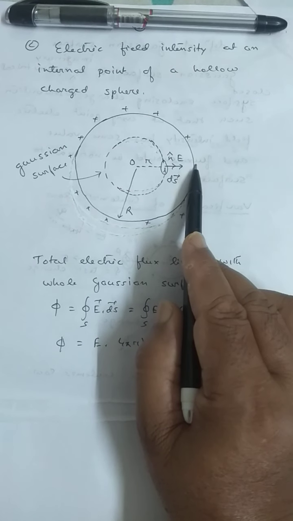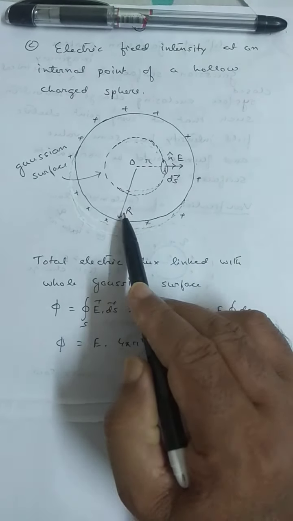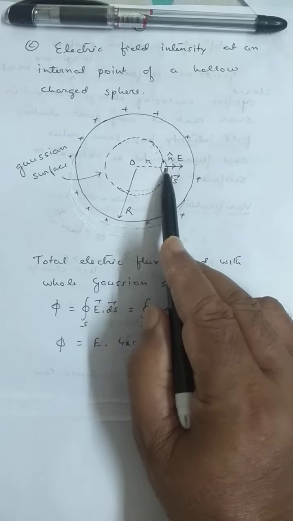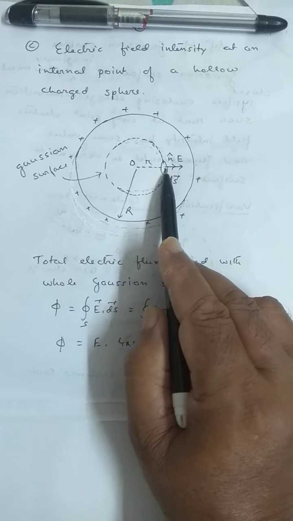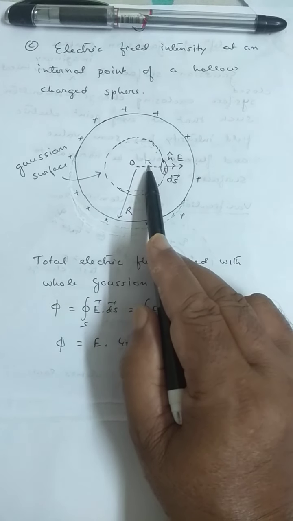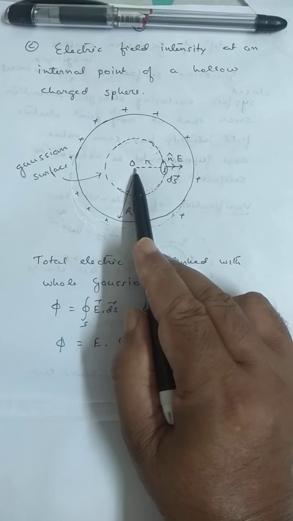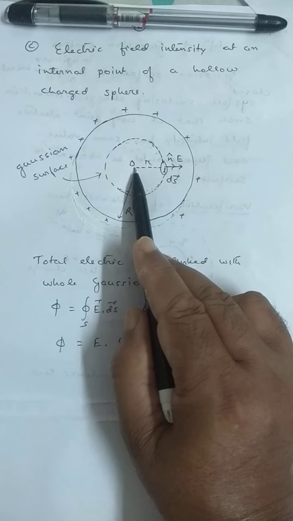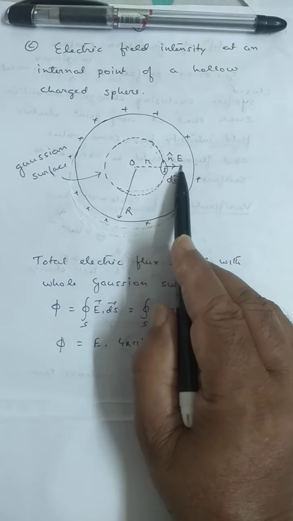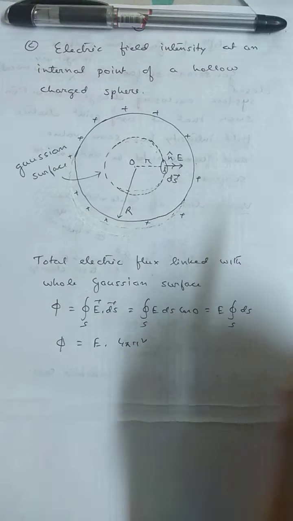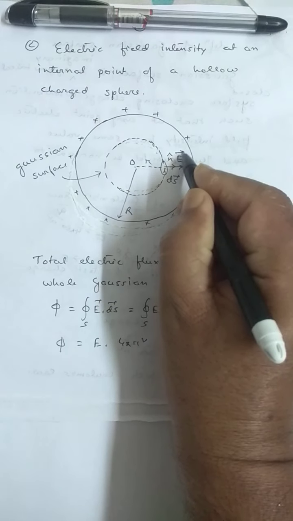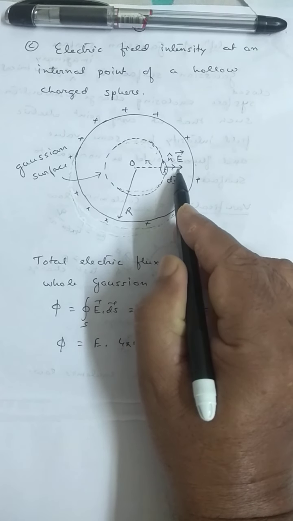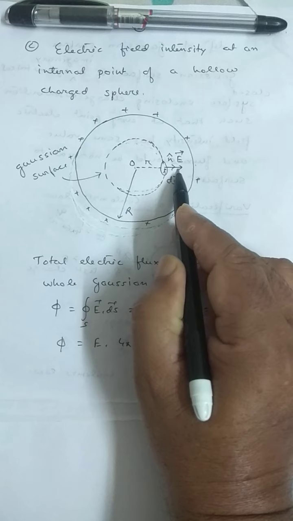You just see this is the hollow charged body. Its radius is capital R. So this is the point where we want to find out electric field intensity. This point is at a distance small r from the center of the hollow charged body. Let the intensity at this point be capital E.